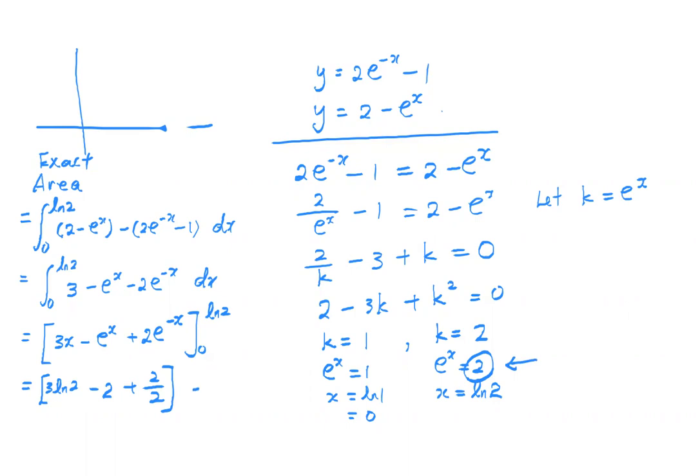Take away, everything substituted with 0. So this will be 3 ln 2 minus 2 plus 1, take away minus 1 plus 2. So take away 1. So it's 3 ln 2 minus 2. This is the exact value.